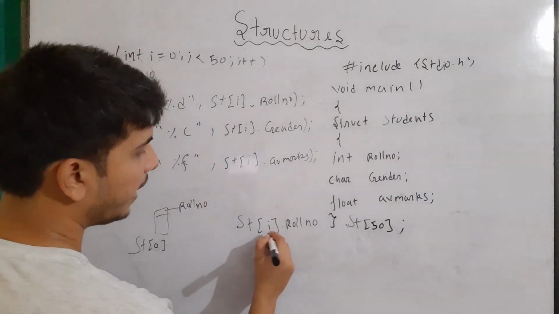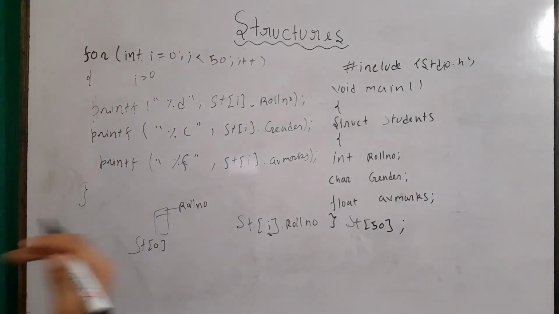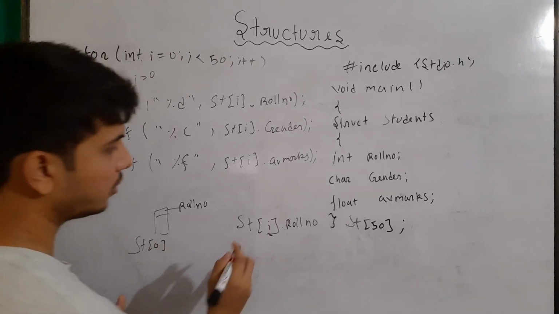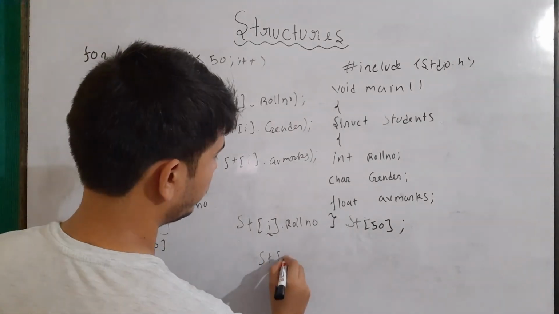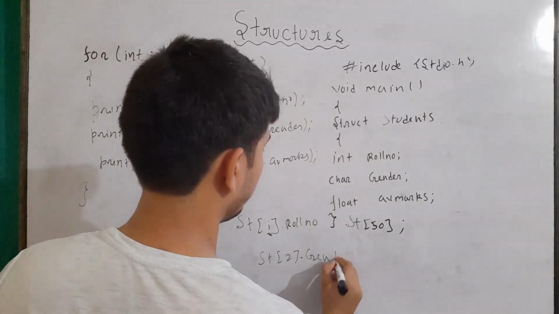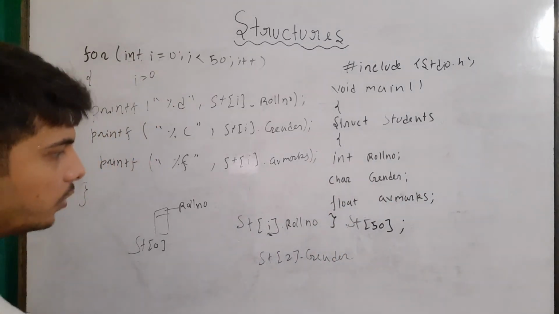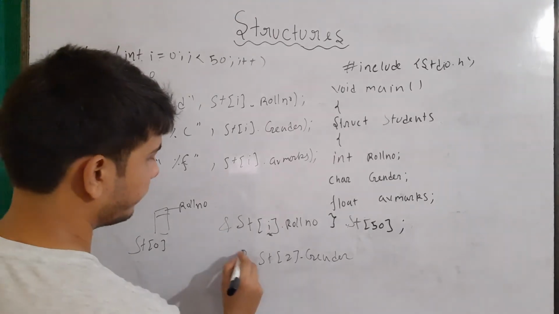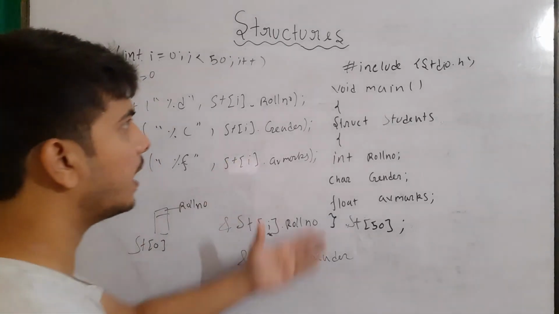Now i here could be anything. For example, if I want to access the third student's information, I'll write here st[2] dot the name of any information, for example gender, okay. And when we are taking the input, we will just use the ampersand, right. So this is how we use an array of structures.